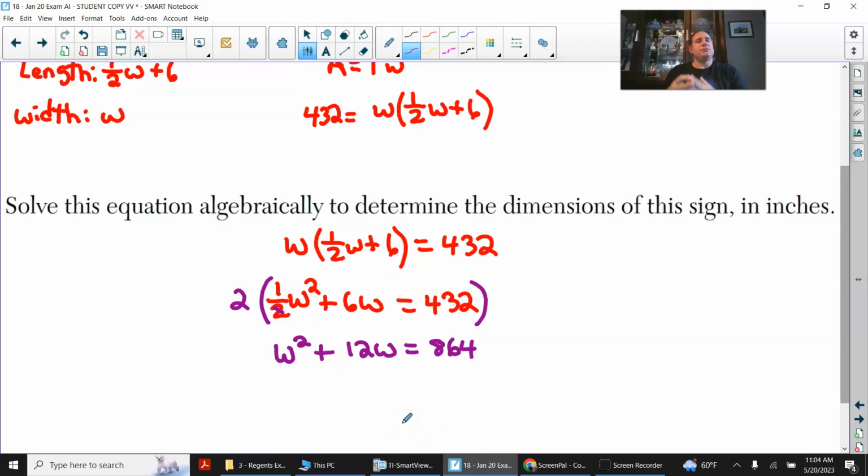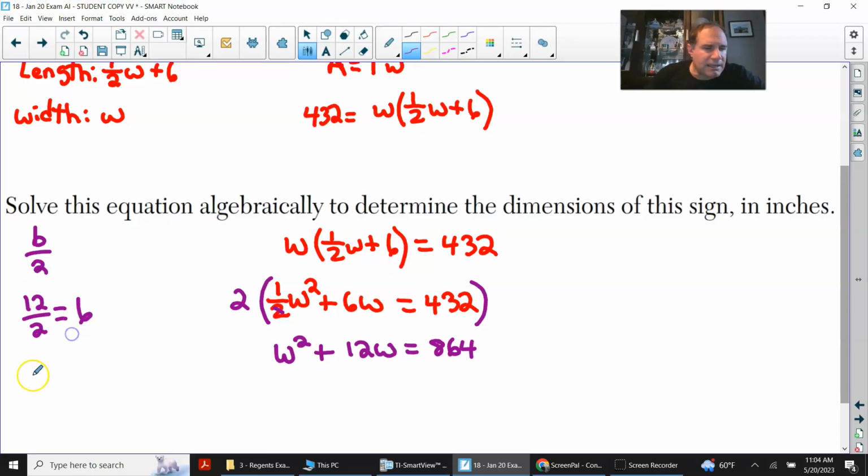And then I'm going to try to factor this, right? So I'm going to complete the square. Remember, B divided by 2. So 12 divided by 2 is 6, and 6 squared is 36.